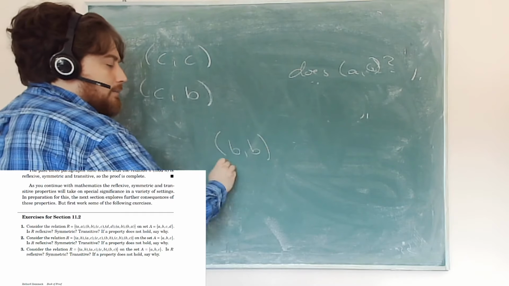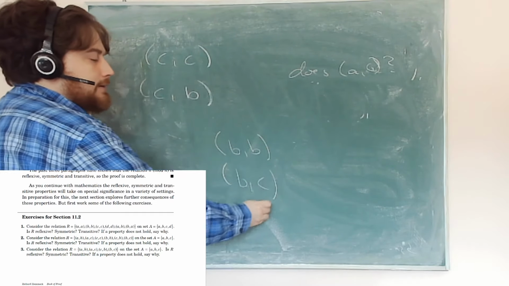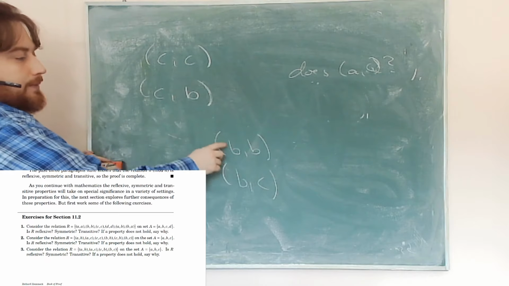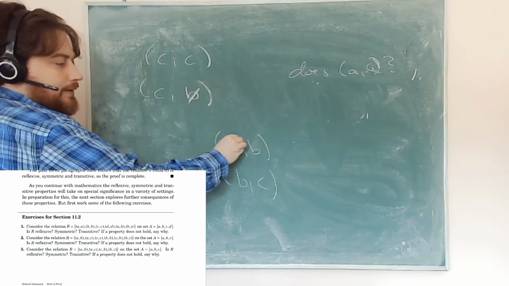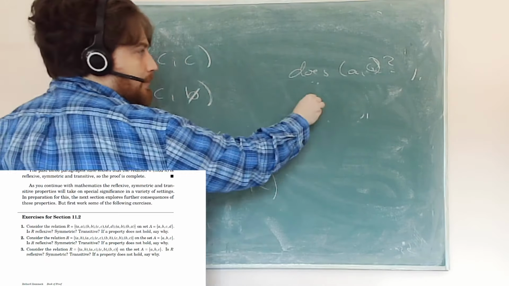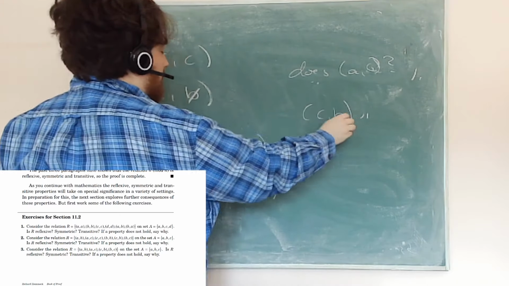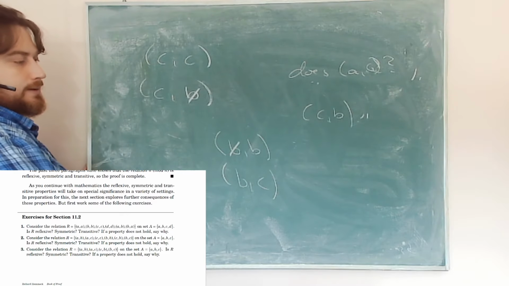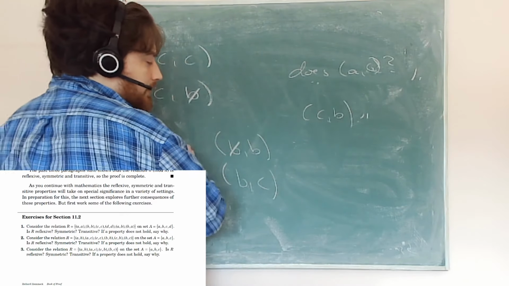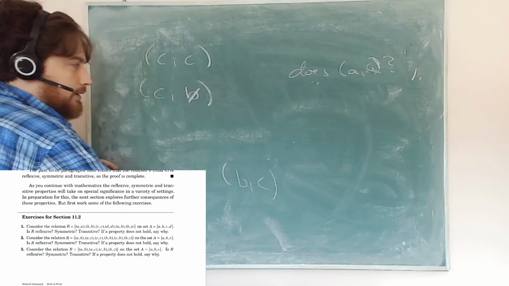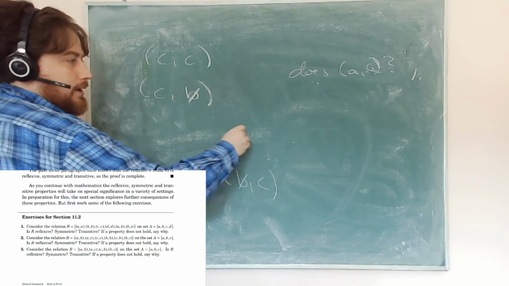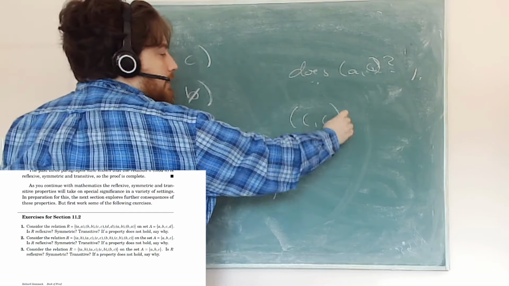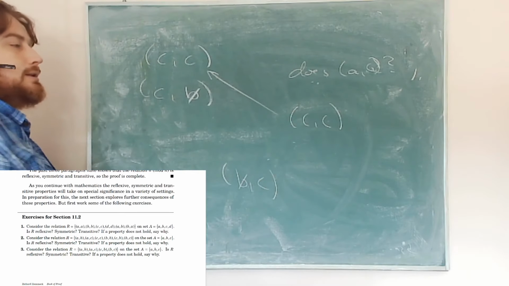B is related to B, and B is related to C. So I'm going to start with this one, remove these two, and get C goes to B. And notice that C goes to B is in there, so it's still satisfying transitivity. And if I look at the last two, I'm removing these two, and I get, is CC in there? Well, yes, CC is in there.